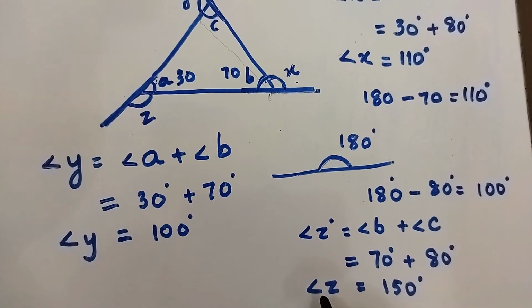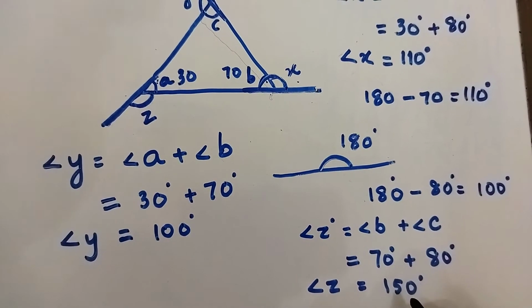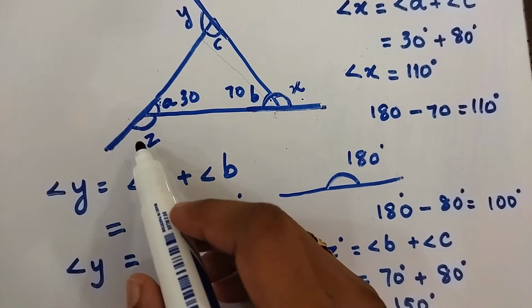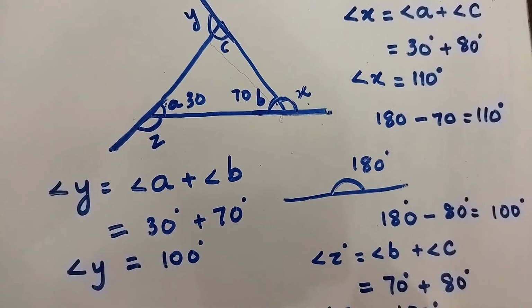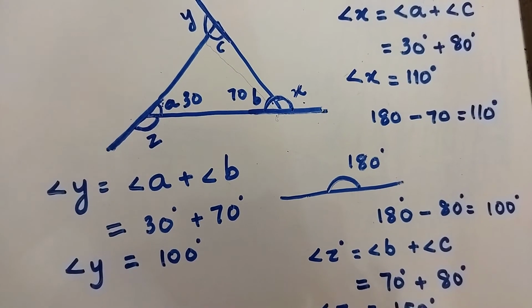So the value of angle Z equals 150 degrees.